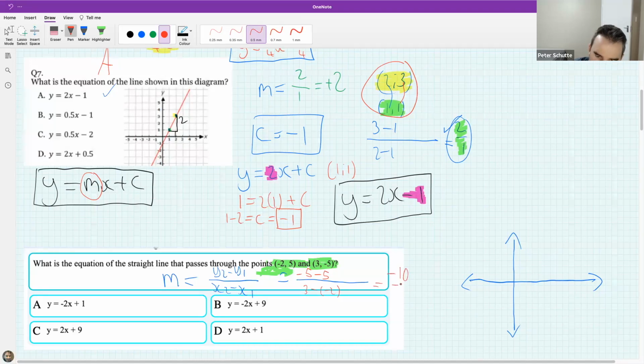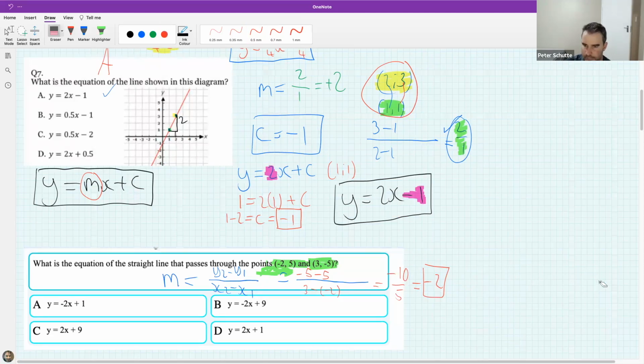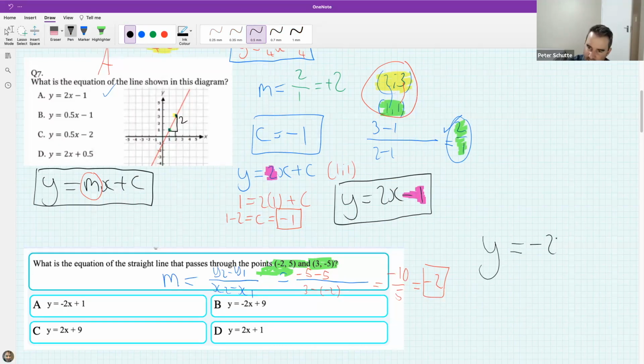Yeah, so it feels to me like the gradient is -2. Well, it didn't feel, I know. So in this process that we're using, we now know that we've kind of figured out this much.